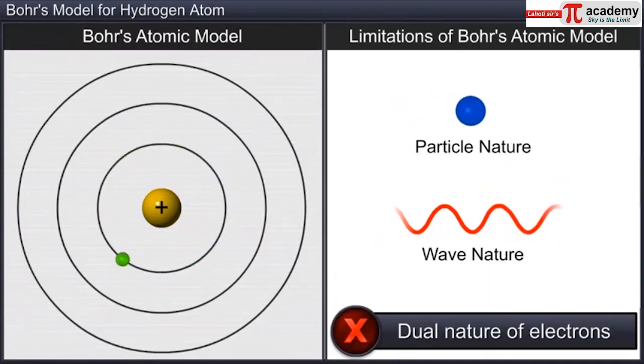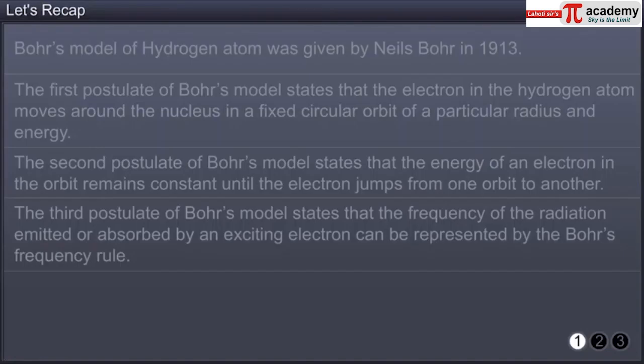It contradicts Heisenberg's uncertainty principle, which says that it is not possible to determine both the position and velocity of an electron simultaneously and accurately. You have now reached the end of this module.